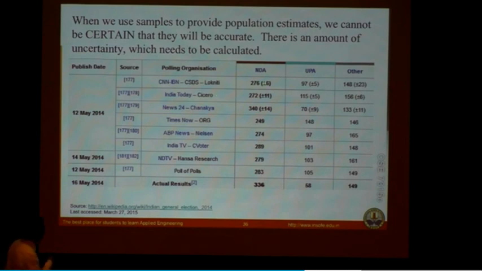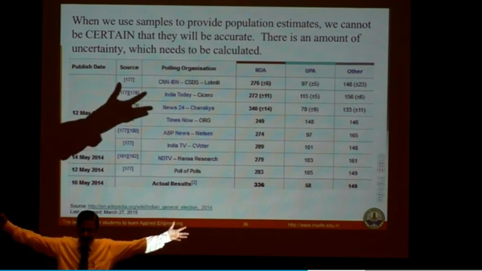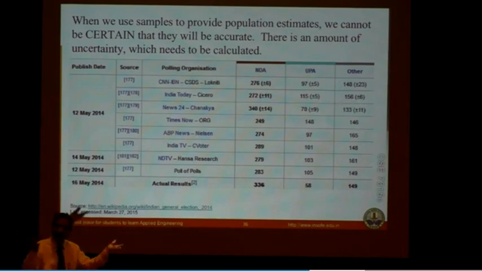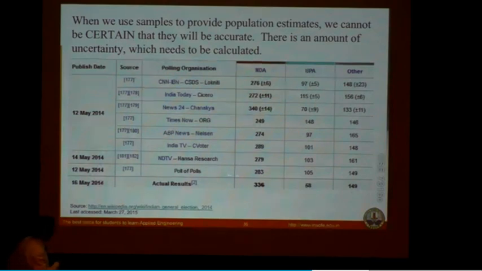So there is this uncertainty, this plus minus. The moment they are talking about plus minus, there is an uncertainty because you are taking a sample and you are talking about a population. There is that error we have talked about. There is that uncertainty. We call it error, I am now calling it uncertainty. It's the same thing. So that needs to be quantified. And these people in the general elections, NDA actually won 336.